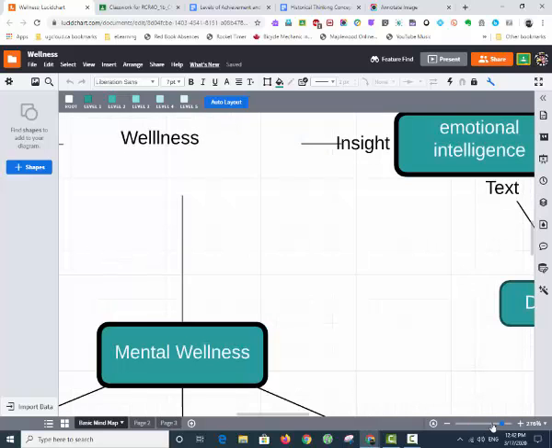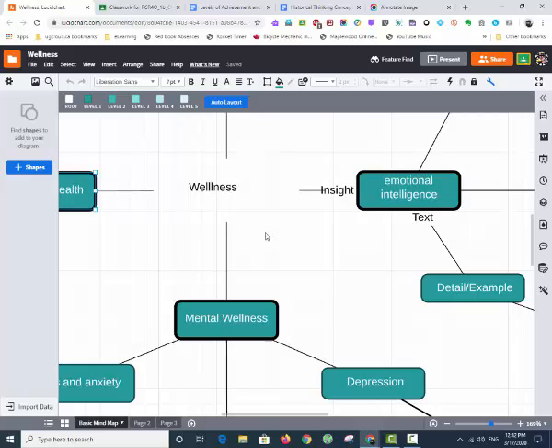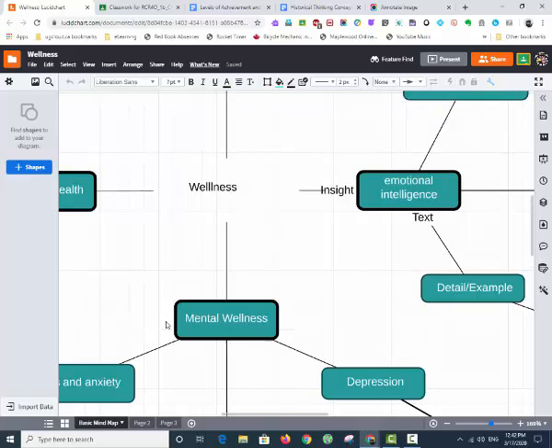And so we used a mind mapping program called Lucidchart, which we all have access to through our Google Apps account.